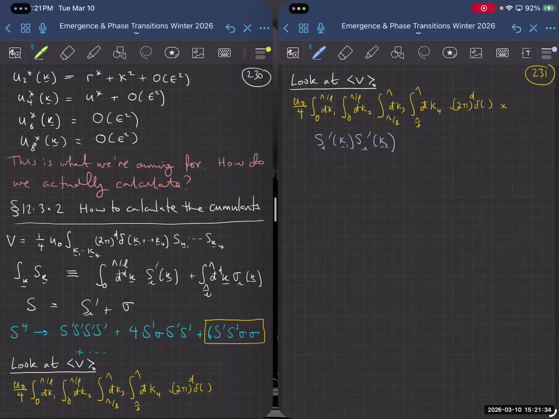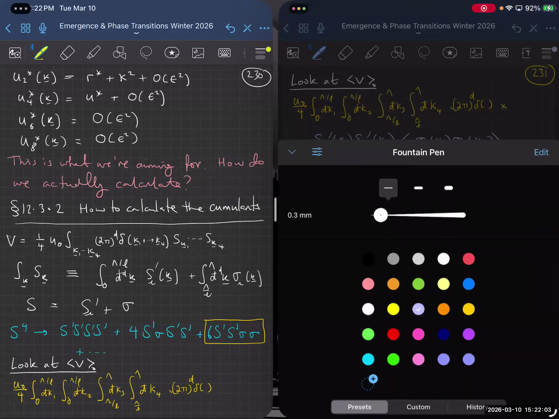Then I'm going to get the sigmas, but what I'm computing is the expectation value of V. So what I'm going to have in here is sigma_L of k3, sigma_L of k4, and then with respect to the short wavelength degrees of freedom Hamiltonian, H0. Okay, so this is something that we have to calculate.